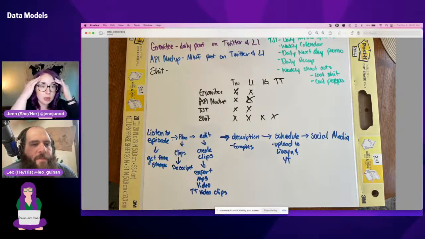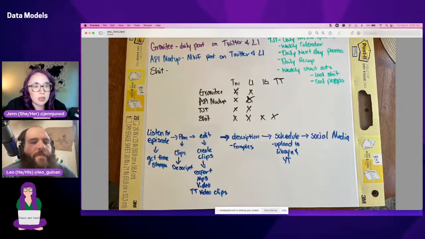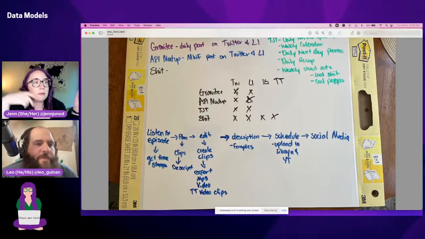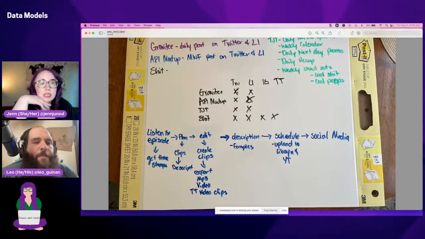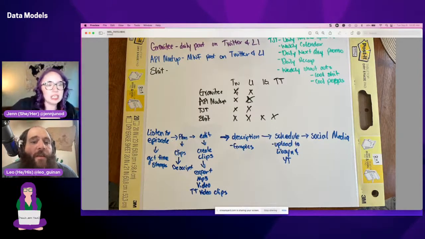Because I don't know how to go from A to Z because it's too much for me. And I don't know if this is how you've ever started a data model or how a data model could be started. I am curious, do you have any visualizations like this that you've used before?